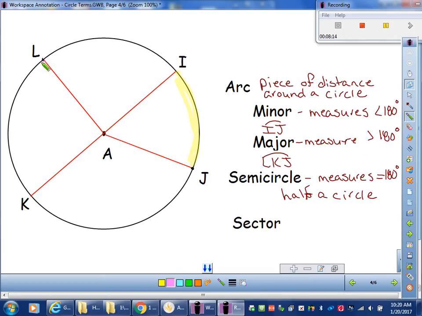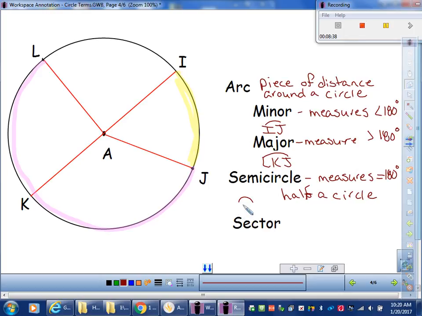If I look at L, K, J, it is over 180 degrees of the circle. So that is an excellent example of a major arc. A semicircle is also named using 3 letters and the arc symbol. And a good semicircle here could be named KJI or KLI. Those are 2 good examples of semicircles.